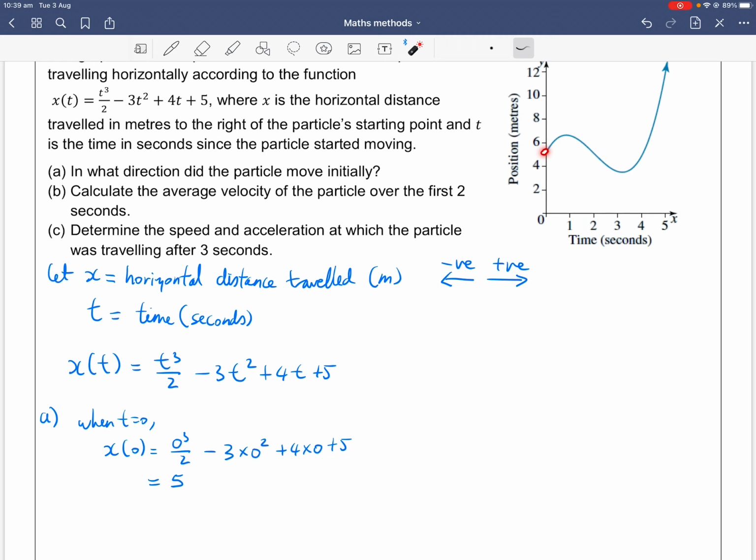And then as we can see from the graph, it heads towards 6 meters. In other words, it's heading towards the right direction.